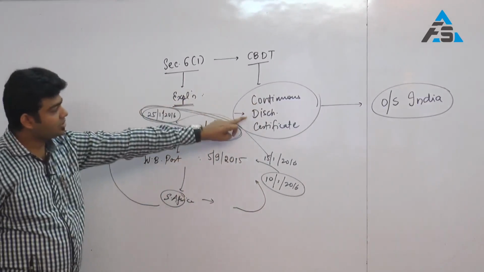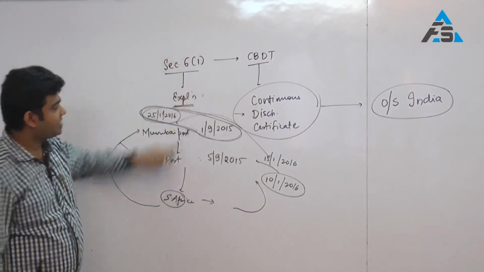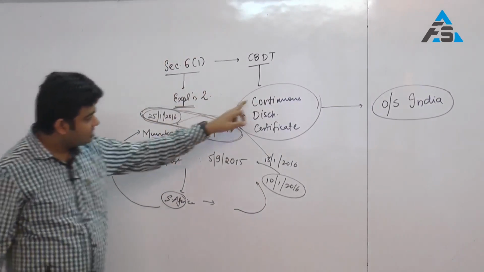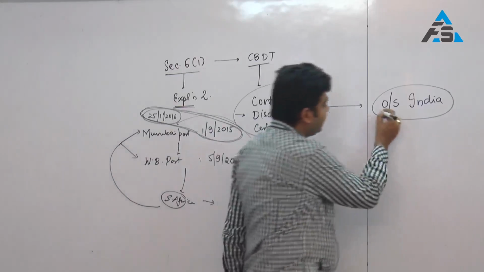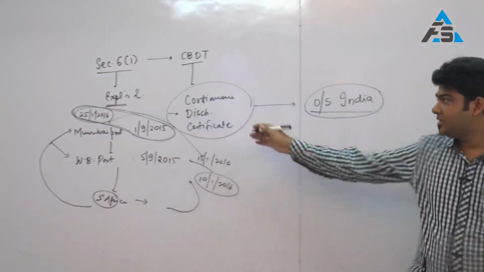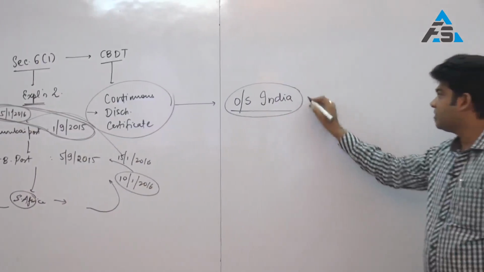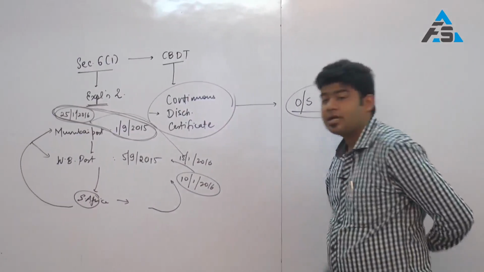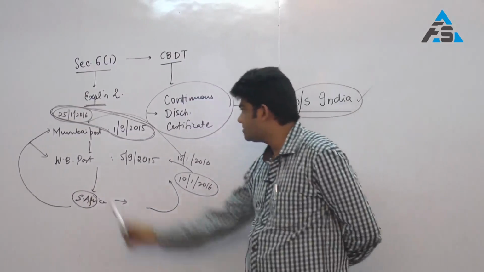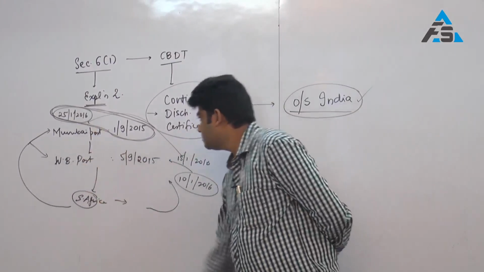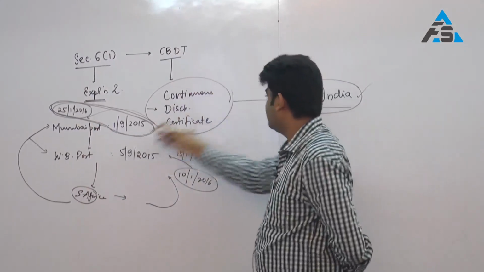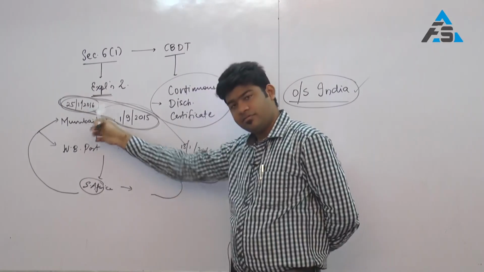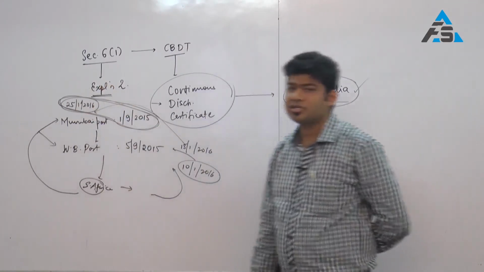The continuous discharge certificate, section 6 subsection 1 explanation 2, added by Finance Act 2015, says that this CDC will be the determining factor to consider the duration for which the citizen is outside India. So when this citizen calculates his residential status for the previous year 15-16, he will calculate this duration, and for this duration he will say that he is outside India.